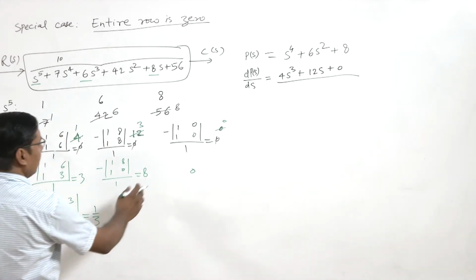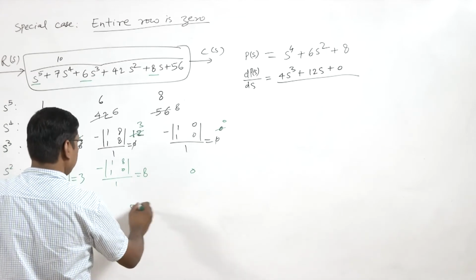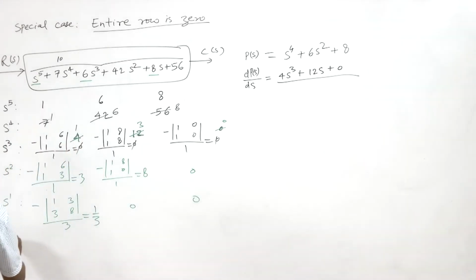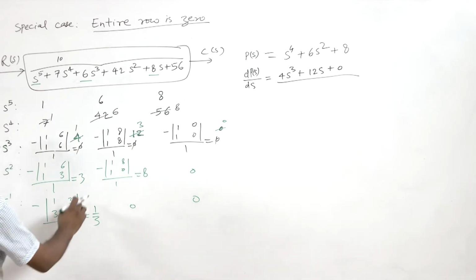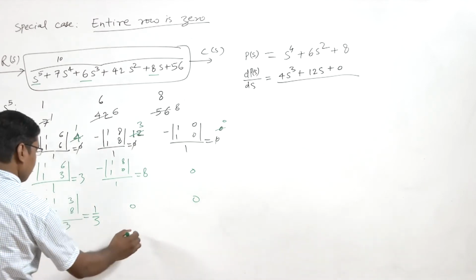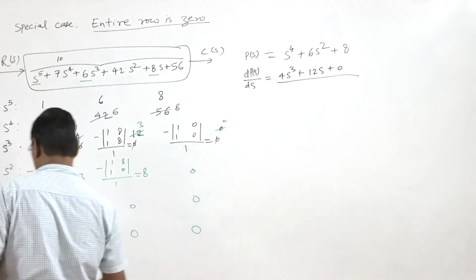Then here this is 0, so it will be 0, 0. And for s0, we get 8, 0 and 0.